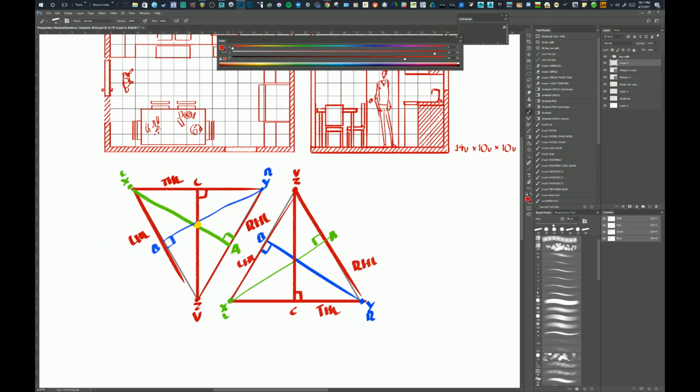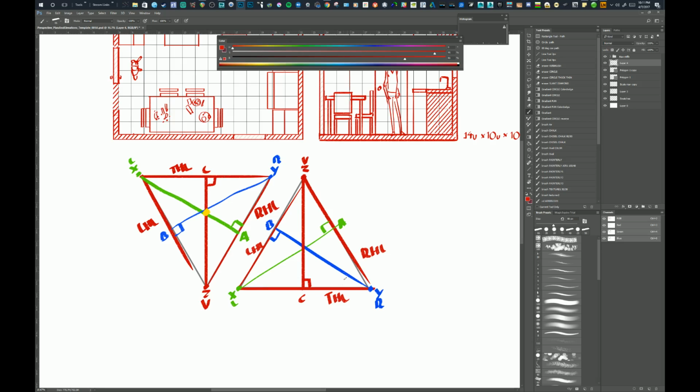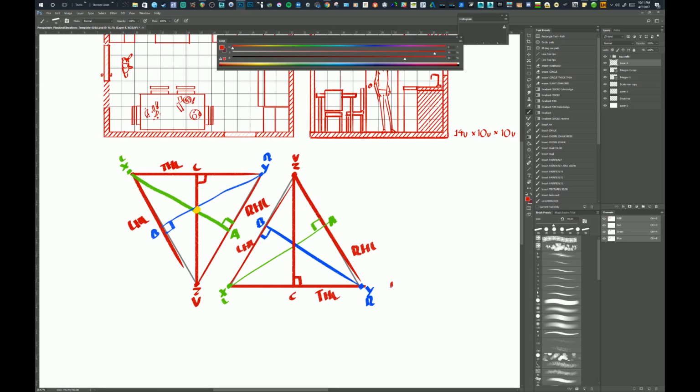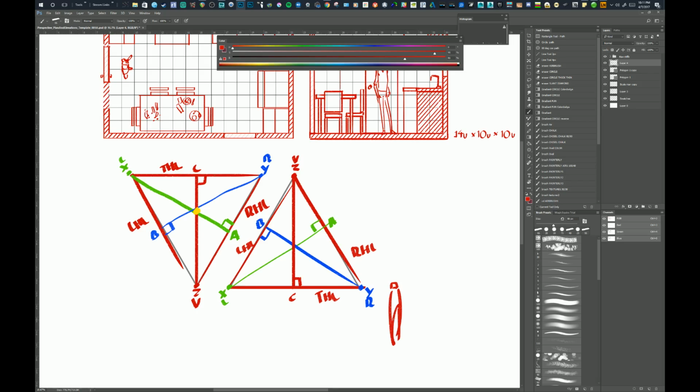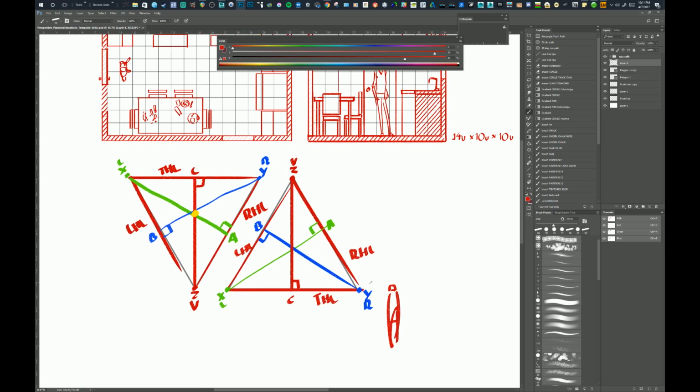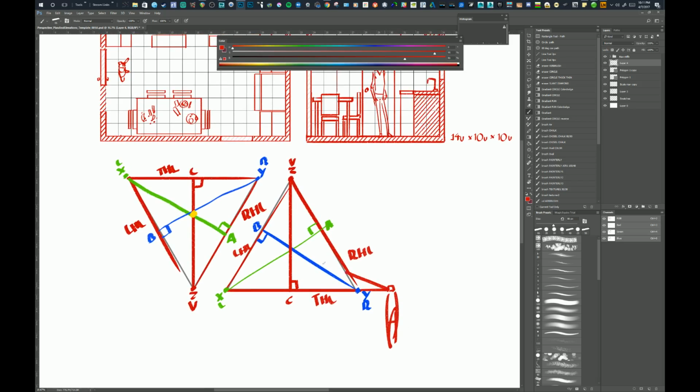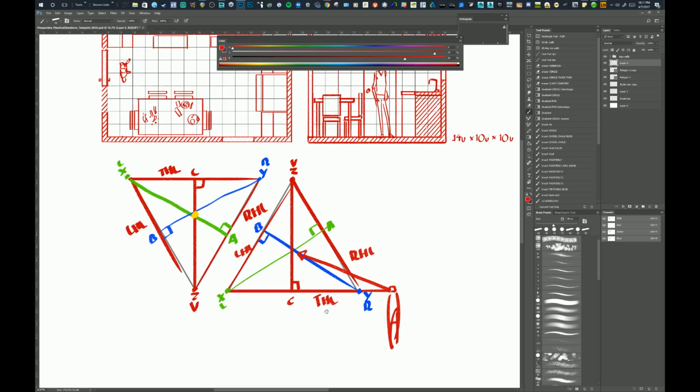Well, when we're standing on the ground, no matter how high up we are, our eye line is still here. So our head will still be at this level, right? So let me draw a little fake dude here. So this guy, he's just chilling, and his eye height is right here, but he is now looking upward.